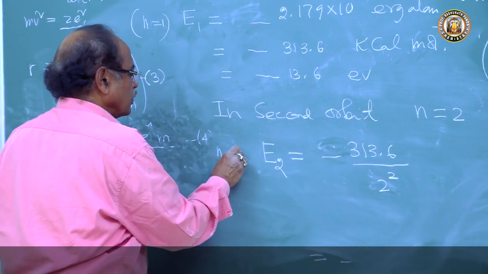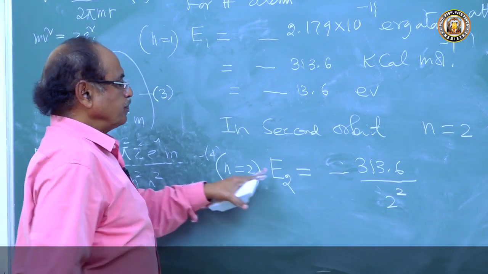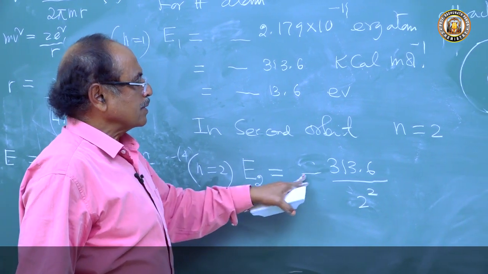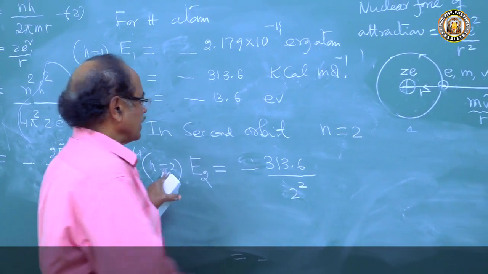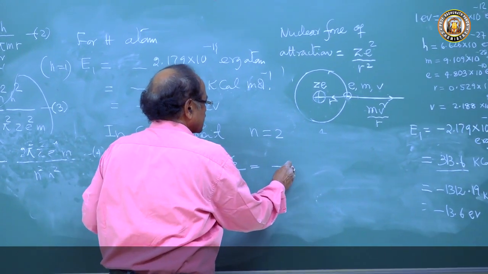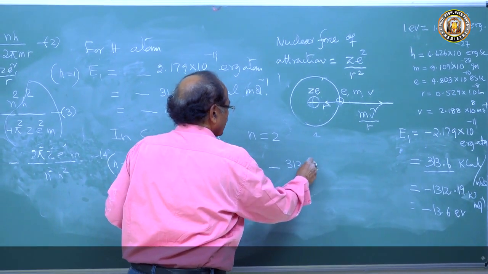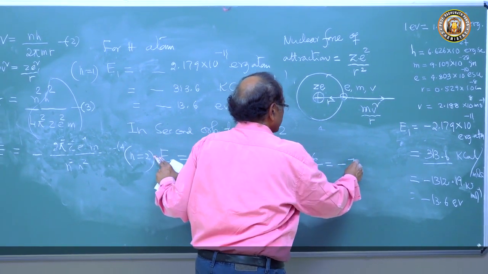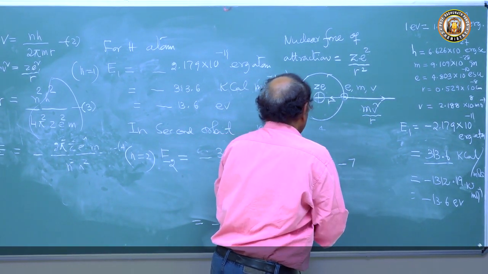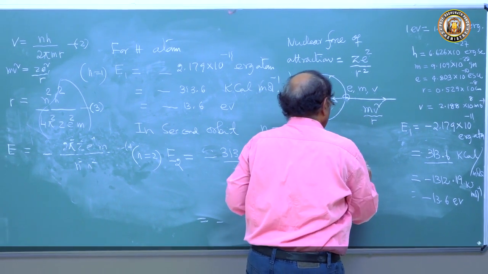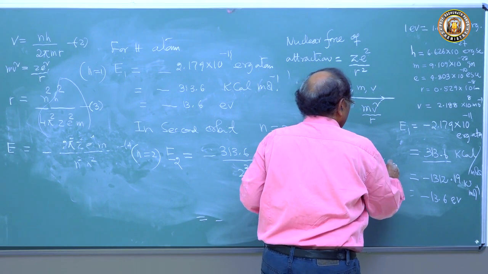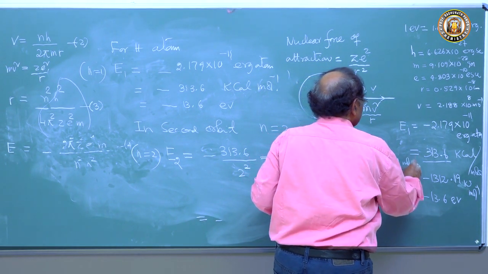So minus 313.6 by 4, that comes to minus 78.4 kilocalories mole inverse.